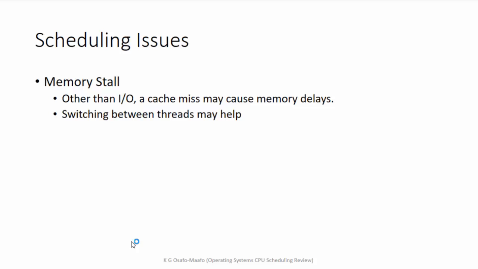Now the other thing that we pointed out, and I said this before, is that whenever you do I/O, you will have to let go of the CPU. It is not only I/O that will cause you to let go of the CPU. Sometimes you may ask for something from memory. Remember that there's a cache between, so the CPU has a cache, and anytime it asks for information from memory, it places it in the cache so that the CPU can have it closer.